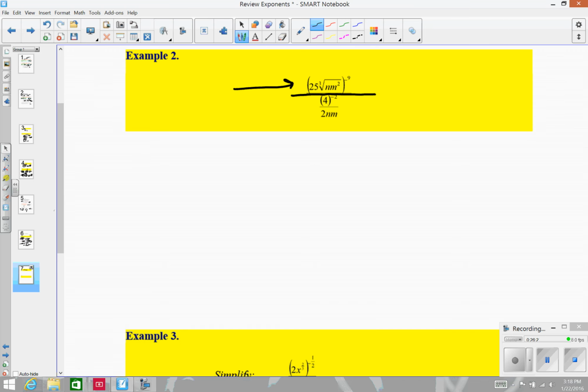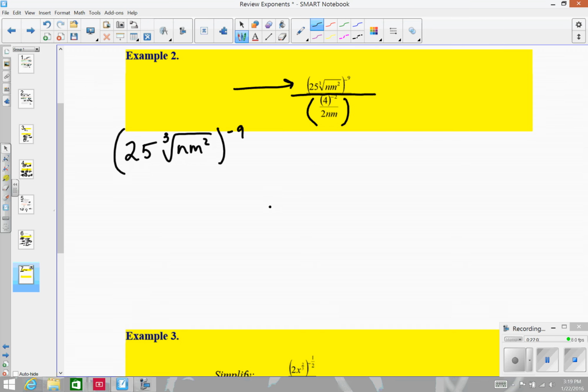So a couple things we can do, but right off the bat, if I'm dividing by a fraction here in the denominator, it's the same thing as multiplying by the reciprocal of that. So that's the first thing I'm going to do in this example. I've got 25, and that's being multiplied by the cubed root of nm squared, all raised to the negative ninth power.